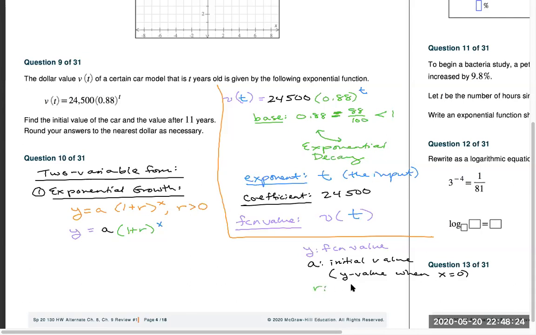R is your growth rate in decimal form. And then x is going to be the time passed.